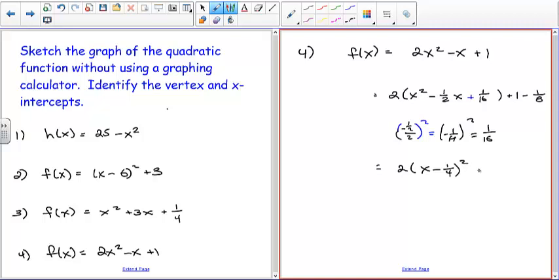And here I've got plus 1 minus an eighth. So we get 2 times (x minus 1/4) squared plus 7/8.